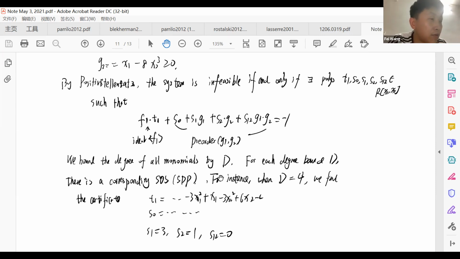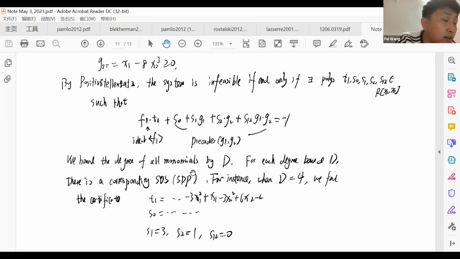Now given a degree bound D, there's a corresponding sum of squares SDP problem, right? Because these S0, S1, S2 are all sums of squares.